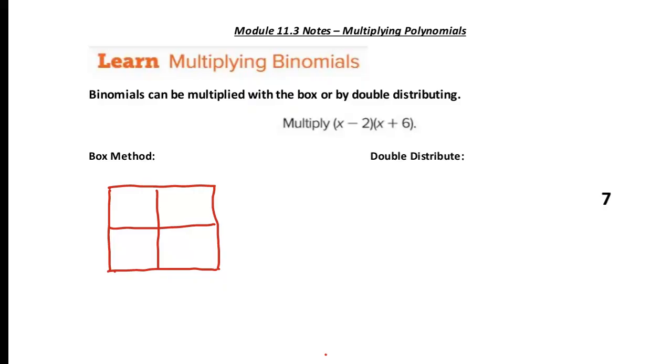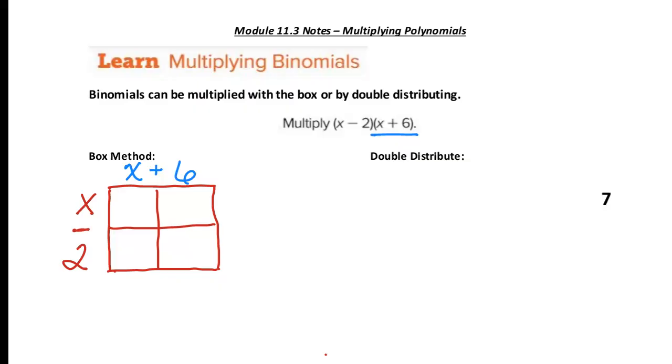Let's put x minus 2 along the left-hand side. So x goes in front of the first row, minus goes right in the middle, and 2 goes right here. And then we're going to put x plus 6, that second binomial, on top. Okay?